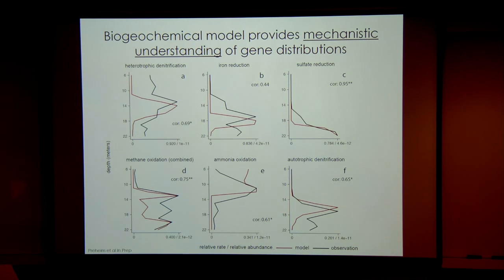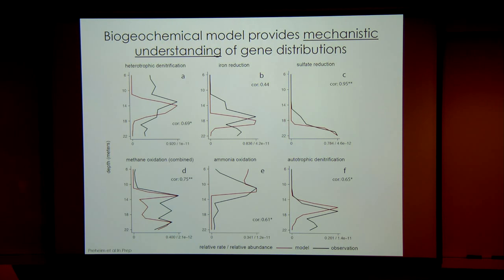And we can also look at the gene level, so not looking at just the populations, but looking at genes involved in these processes for the whole group of organisms from the shotgun metagenomic data. And you can see that for many of the genes involved in denitrification, sulfate reduction, iron reduction, methane oxidation, we're also capturing the gene distribution with this model as well.